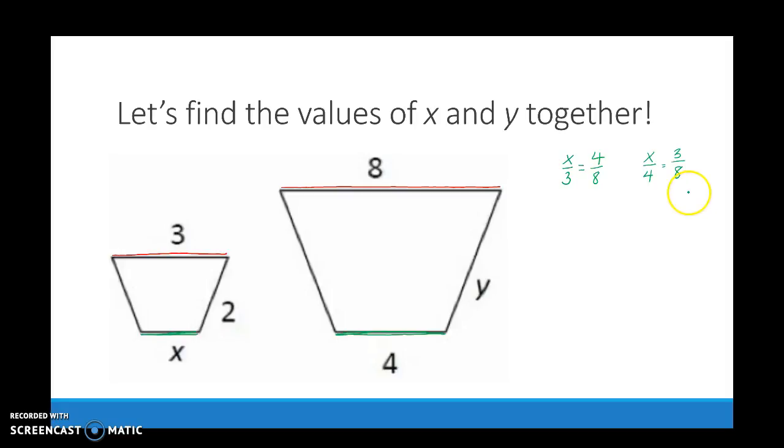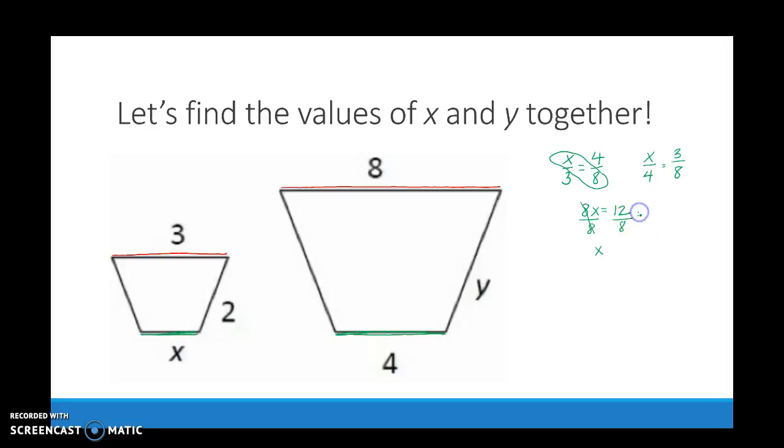So we're going to go ahead and use our cross product to solve. We're going to start with the diagonal with the variable. So 8x equals 3 times 4 is 12. Then we need to get x by itself, so we always divide by the number next to x. So 12 divided by 8, so x is 12 over 8.